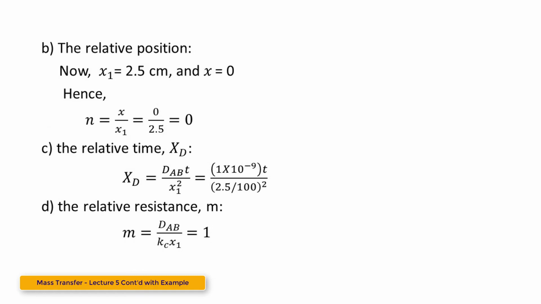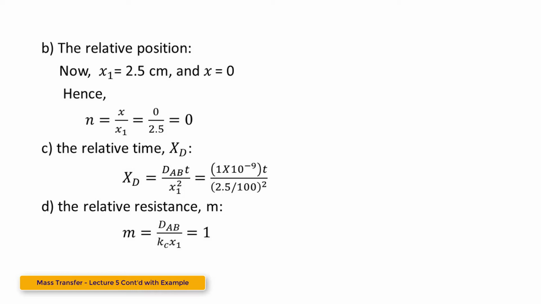Okay, so when we come here, the relative position is calculated with X1. X1 is 0.25 instead of 0.5, and x is 0. Hence, n is equal to x over X1. Since x is at the center line, x is equal to 0. Therefore, regardless of what X1 is, although it's 2.5, n is equal to 0. The relative time, these values are given.